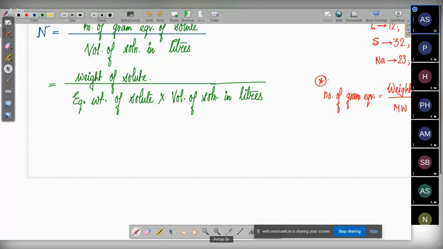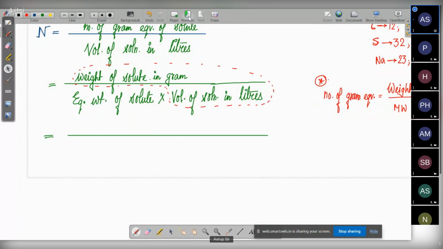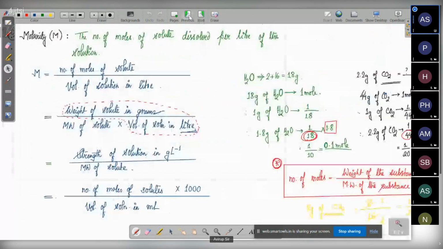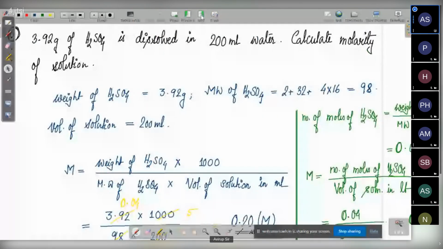So the next modification will be exactly similar to the molarity thing only. See, in molarity, we had written weight of solute in grams by the volume of solution in liter. This part had been written as the strength of the solution in gram per liter. So here also we will write that only.